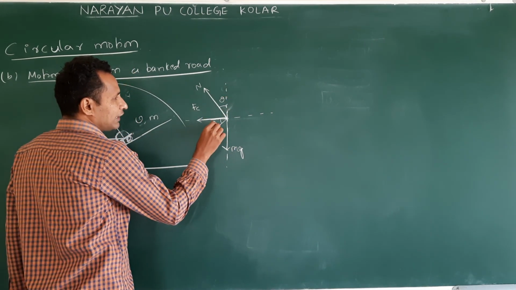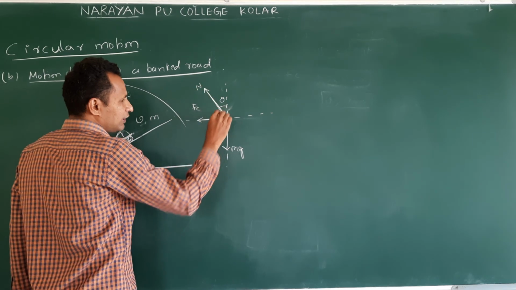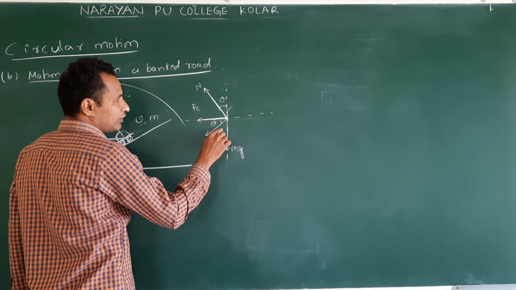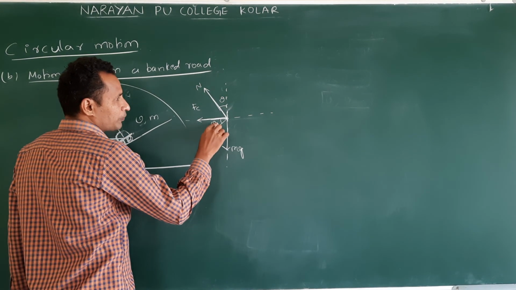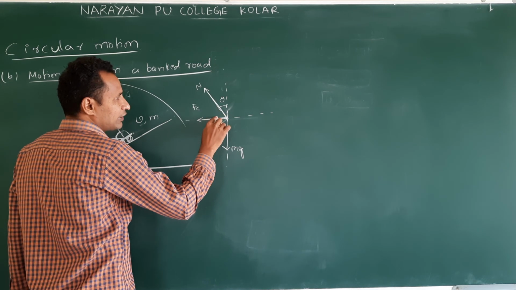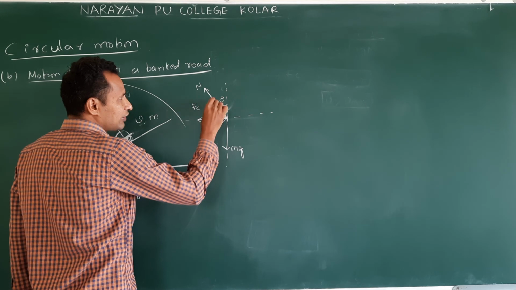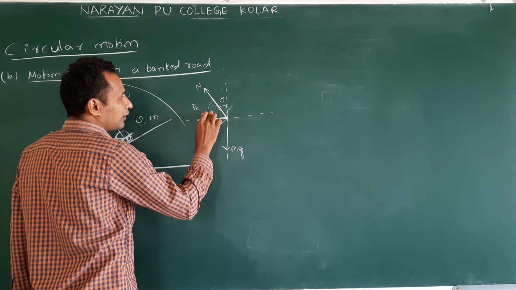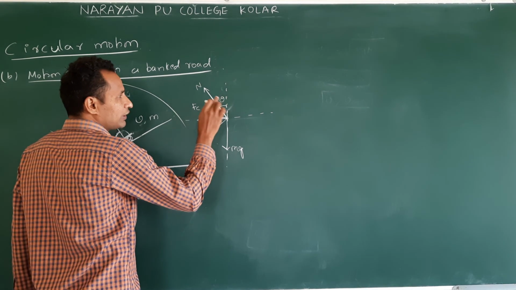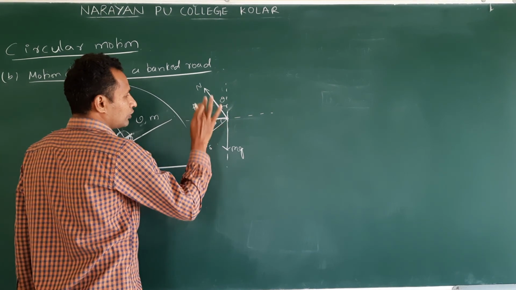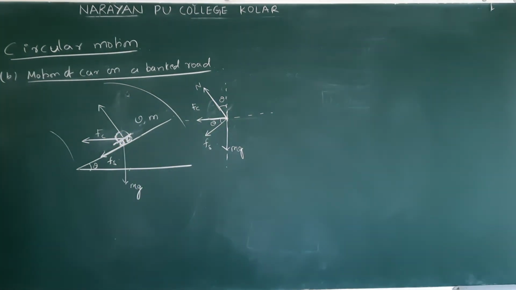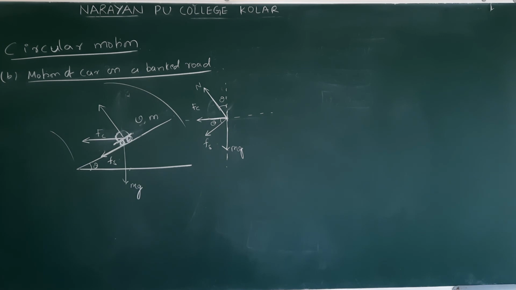Normal reaction and Fs are perpendicular. So this is theta, this will become 90 minus theta, and then this will be theta. Right? So these are the forces acting on the vehicle.